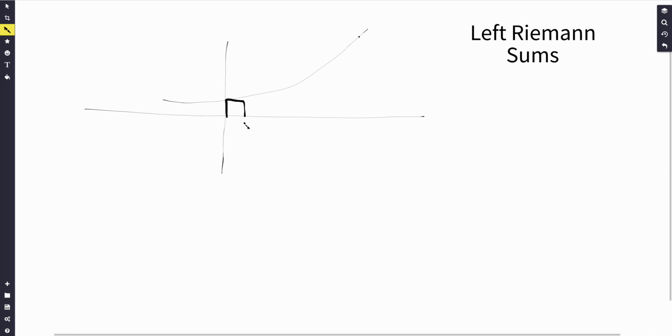So it would be something like this, and then you'd use your left value, create something like that, and you just have to keep creating these rectangles depending on how many intervals the question tells you, to find the area for the Riemann sum.